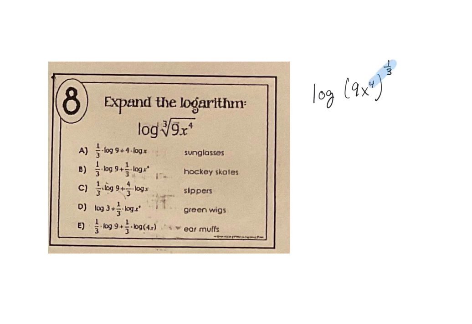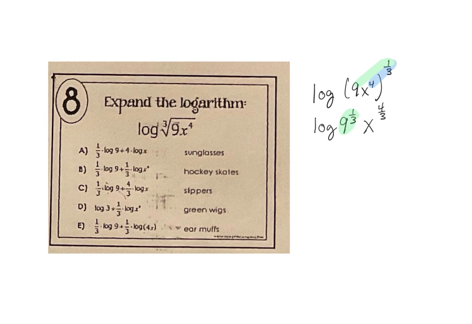So this 1/3 in the position that it's at means that it applies to the 9 as well as the x. So the power of the 9 is 1. So when we do power to a power, we multiply the 9's current exponent, which is 1, times 1/3. So we get the log of 9 to the 1/3, and the x becomes 4 times 1/3, which is 4 divided by 3.